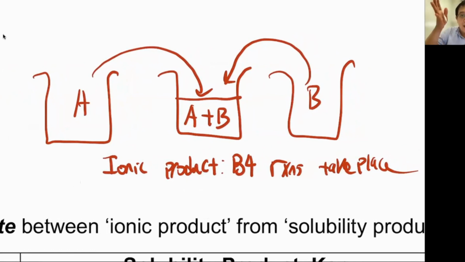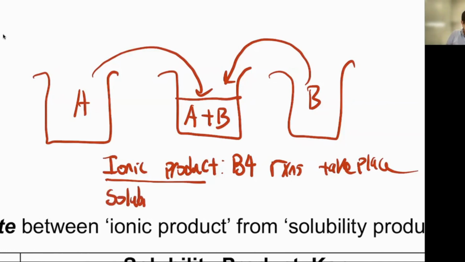You put them together at the point they interact before collision. Because if you want a reaction to take place, you must collide. So I'm talking about A and B mixed together before collision. It's called ionic product. Got the meaning? They mix before they collide. That means before they react. That's called ionic product.